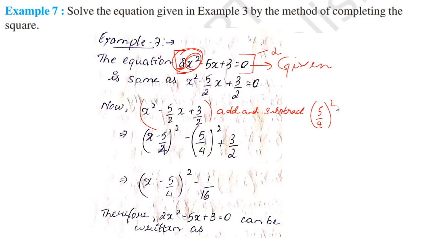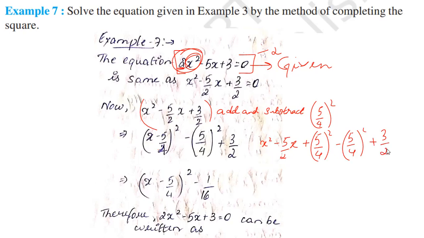So if you add and subtract 5 by 4, then the equation becomes x square minus 5 by 2 x plus (5 by 4) the whole square minus (5 by 4) the whole square plus 3 by 2.